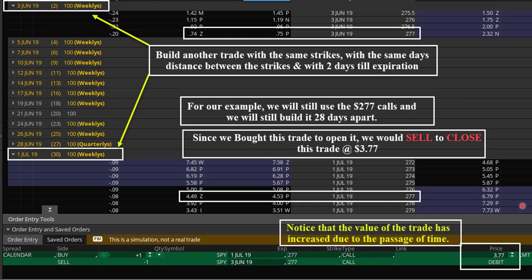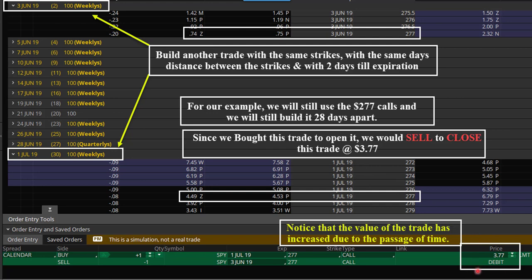If you look at this picture, you can see that now we have 2 days to expiration. The trade is 28 days wide. The value has gone up a lot, which is good because we bought it and we would need to sell it back. And what we're just looking for when we build this trade is what is it worth right now, right?